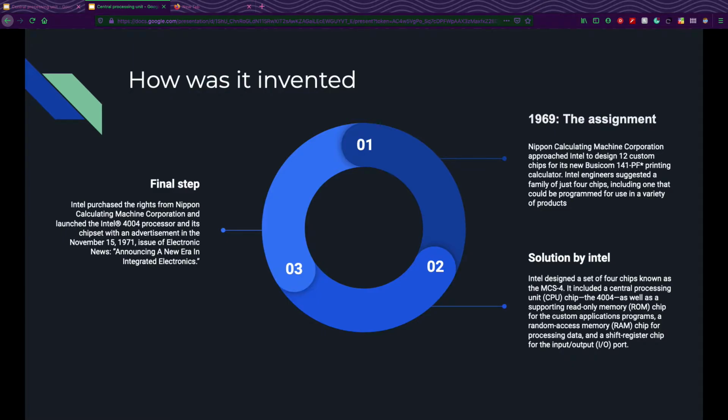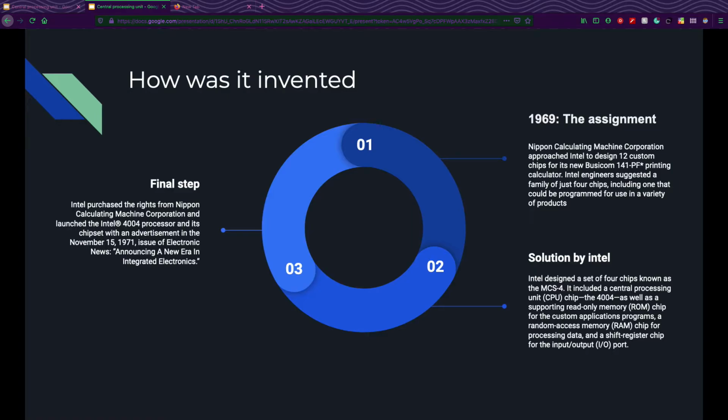Intel designed a set of 4 chips known as MCS-4. It included a central processing unit chip, the 4004, as well as a supporting read-only memory chip for custom application programs, a random access memory chip for processing data, as well as a shift register chip for the input and output port.